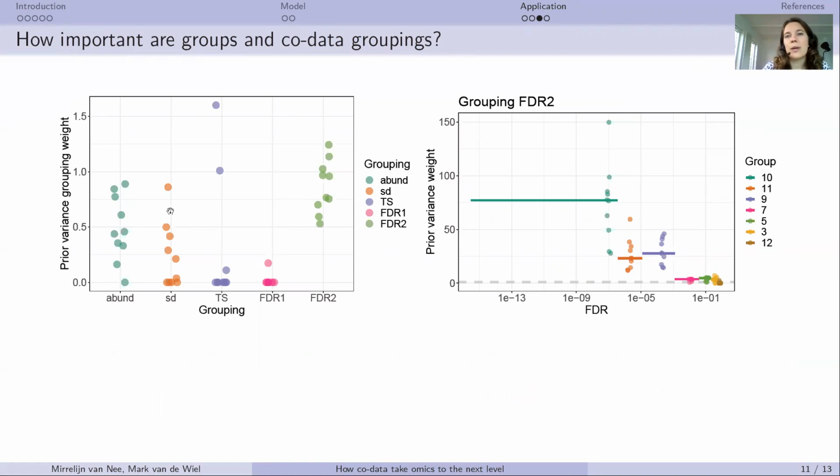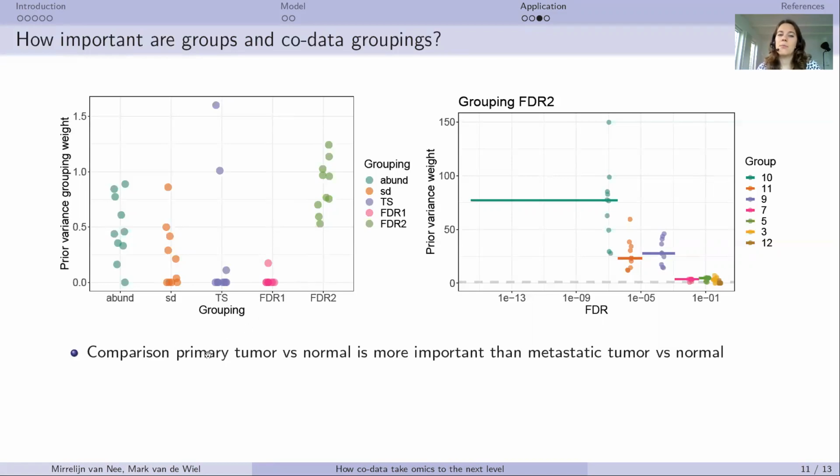And if we first look at the picture on the left, then you see that the grouping FDR2 obtains on average the largest grouping weight, meaning that this grouping is the most informative. And in particular, it is more informative than FDR1. So that suggests that the comparison between primary tumor and normal is more important for the prediction of treatment response than the comparison between metastatic and normal.